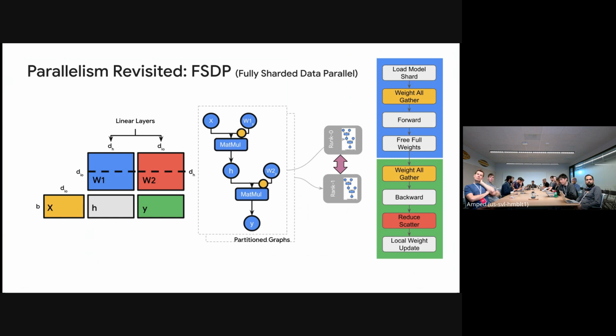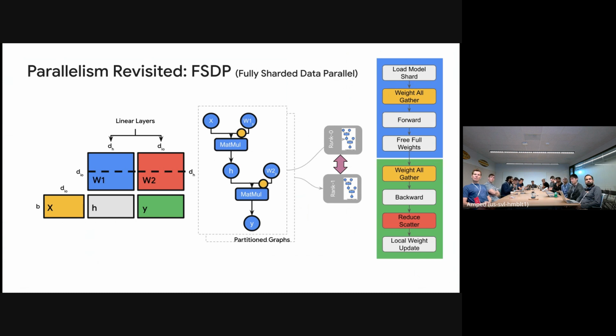Both Microsoft Research as well as Google, there was a lesser known paper called Automatic Sharded Weight Update, if I'm remembering correctly, you can Google it, and that basically goes into the same approach, essentially decomposing all reduce into all gather and reduce scatter, and then pushing all gather to the back of the loop so that now it looks like load the model, wait all gather, do the forward pass, then release the weights.